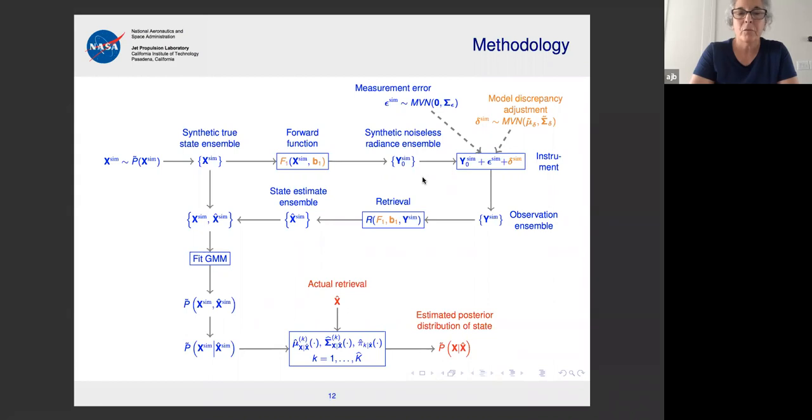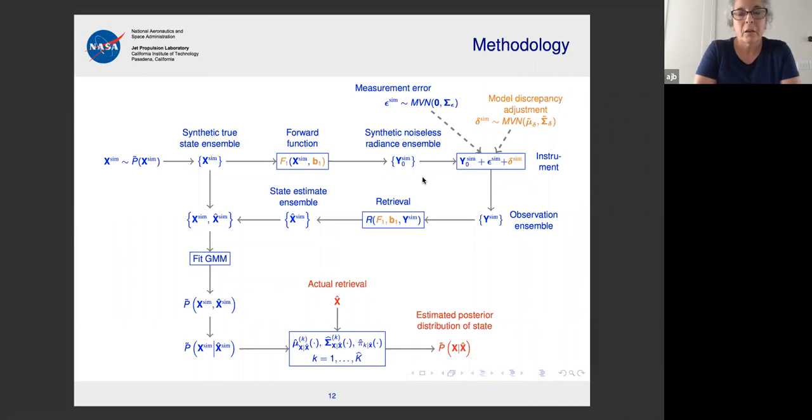We push that through the retrieval, we get out some x-hats, and now we have a bunch of pairs of x-sims paired with their corresponding x-hat sims. And now what we want to do is characterize that relationship. We do it by fitting a Gaussian mixture model to that empirical ensemble, from which we can derive the conditional distribution of x-sim given x-hat sim.